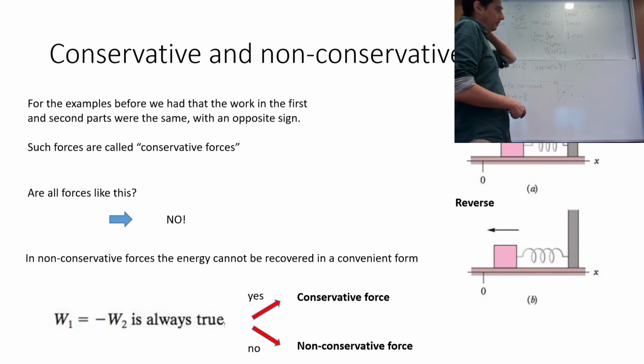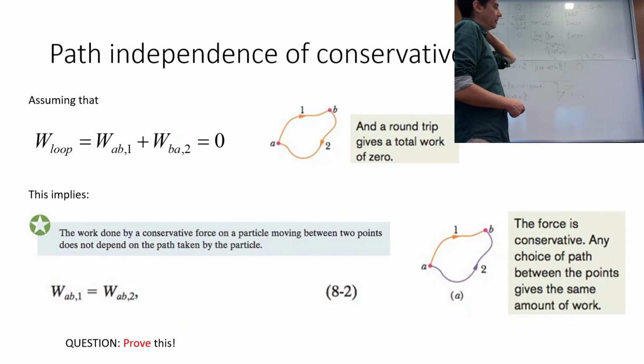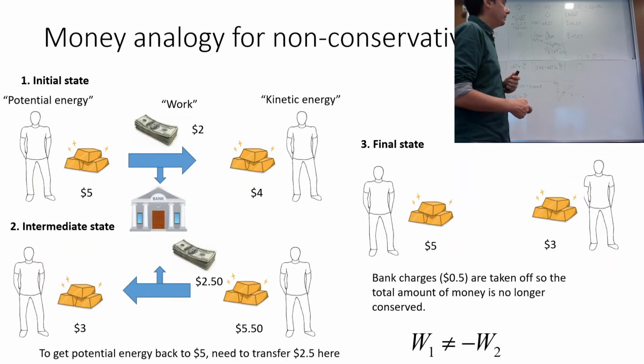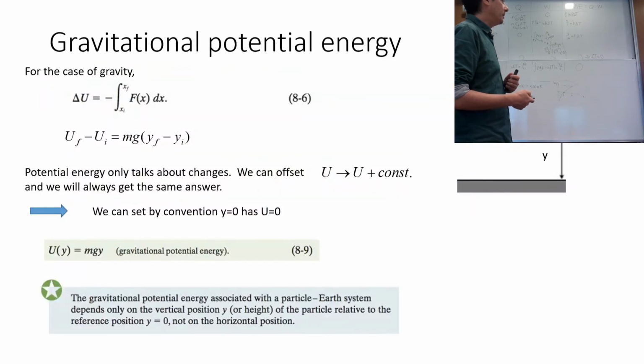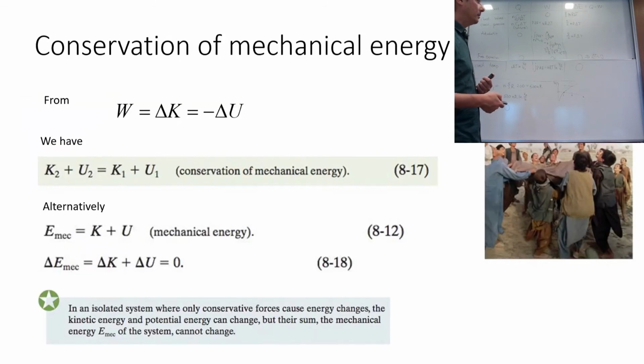Yeah, conservative, non-conservative forces, that's an important concept. This money analogy is just trying to help you understand the relationship between these things. Gravitational potential energy, elastic. Certainly being able to calculate these things is more important.